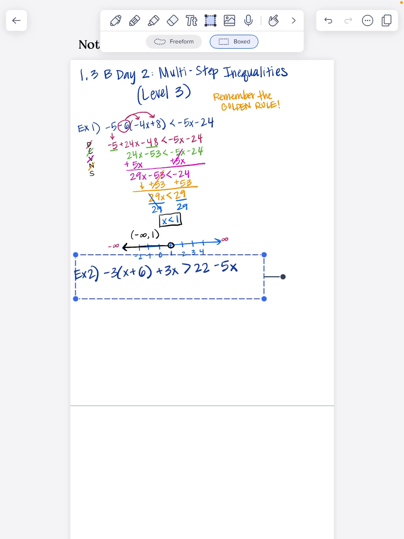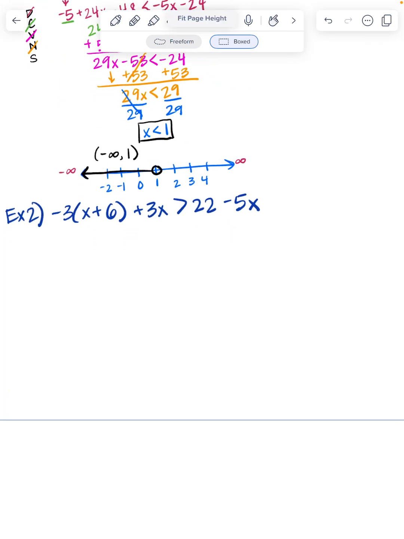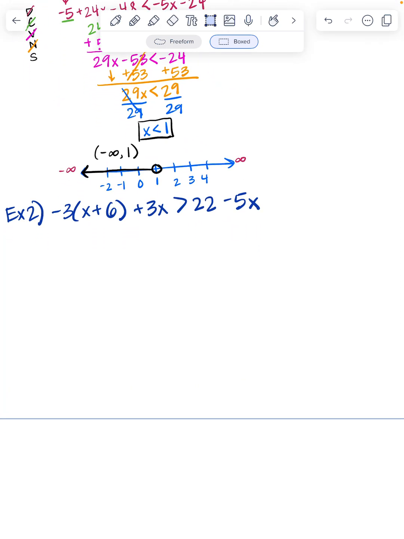Okay. So again, if it helps you to make this list on the side, distribute, combine like terms, get the variable to one side, get the numbers or constants to the other side, and then solve, you can do that. Or if you have the steps memorized, just start with looking for parentheses. We do have parentheses. The number that's going to be distributed is -3.